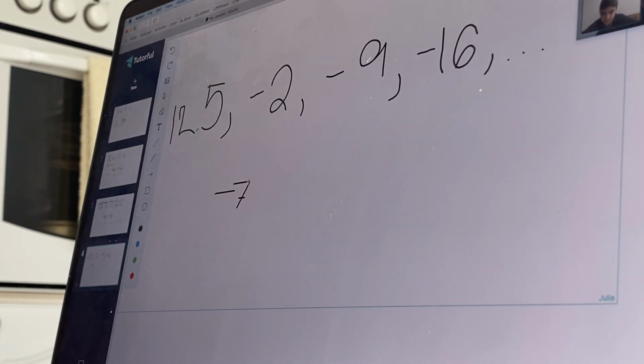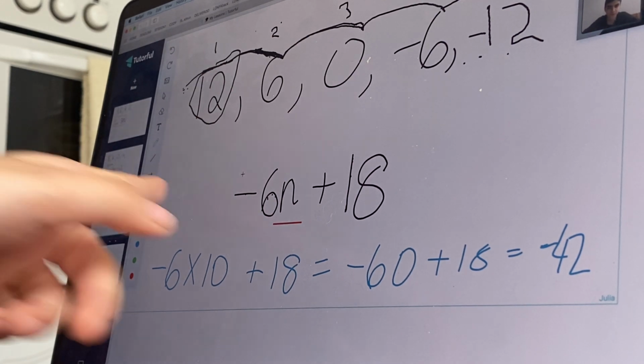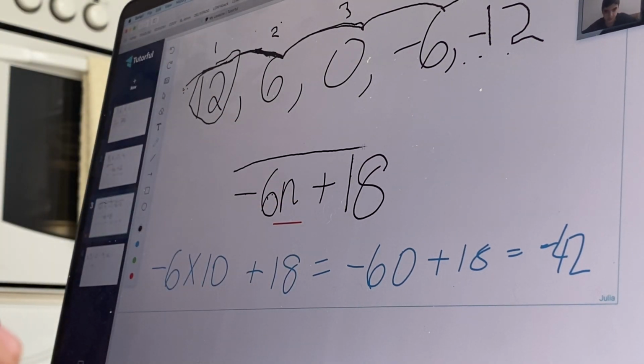So why do I want to find the nth term? Say if you want to find the 10th term, you can do negative 5 times 10, and it can show you by using the nth term. So over here, and we just put it over there. So you can do, let's just put another number, negative 5n, add 15.